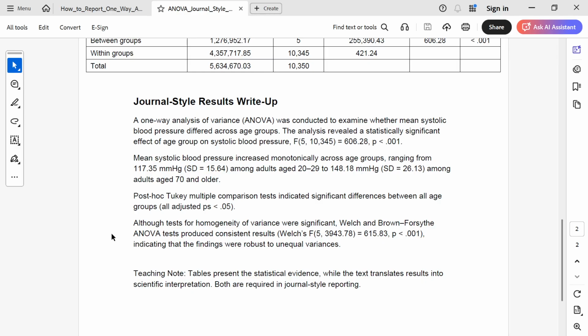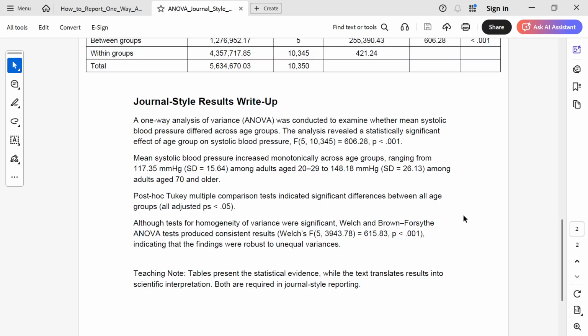They are not like students writing an assignment paper for class, because teachers want to know how much you know about the interpretation, the result reporting, etc. However, journal readers already know about these things, so you don't give them much detail, but a very concise interpretation. Then the post-hoc Tukey multiple comparison test indicated significant differences between all age groups, right?